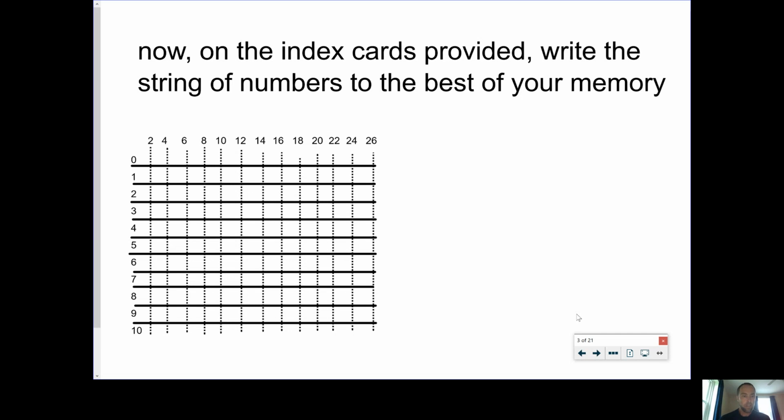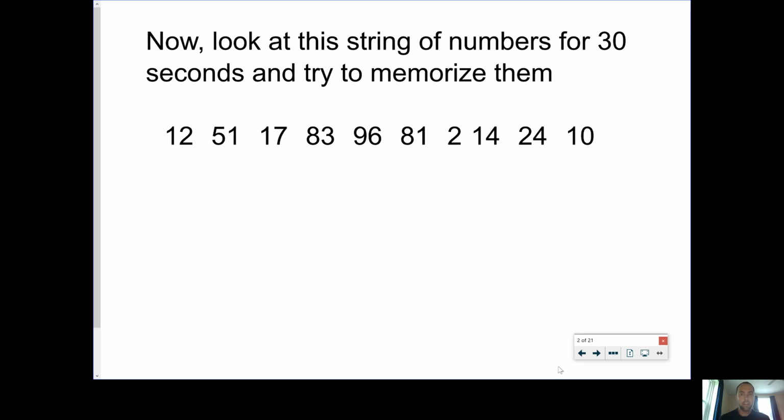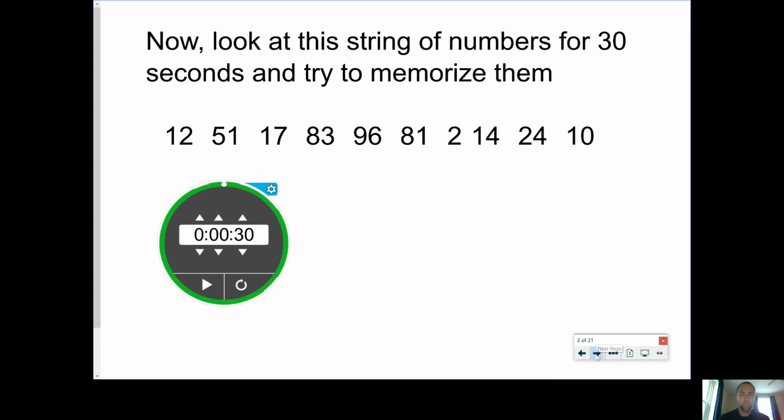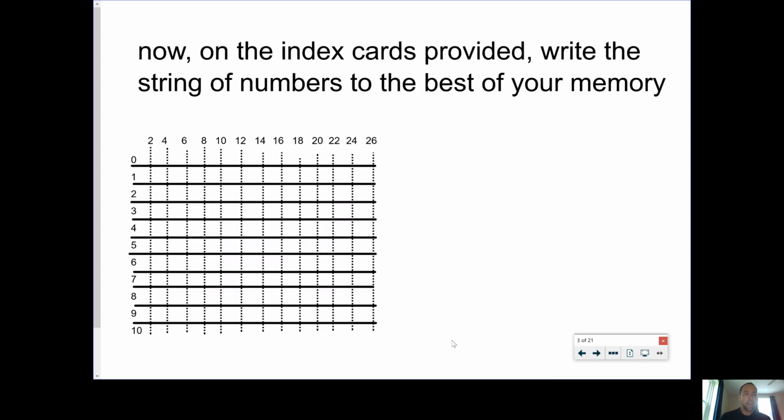So if I had a whole class of students, I would poll how many of them got 0, 1, 2, 3, 4, 5, 6. You can go back to here, pause it, and see how many you got. Again, I would poll the class and see how many got 0, how many got 1, 2, 3, 4, 5, up to 10. And I'd graph that data.